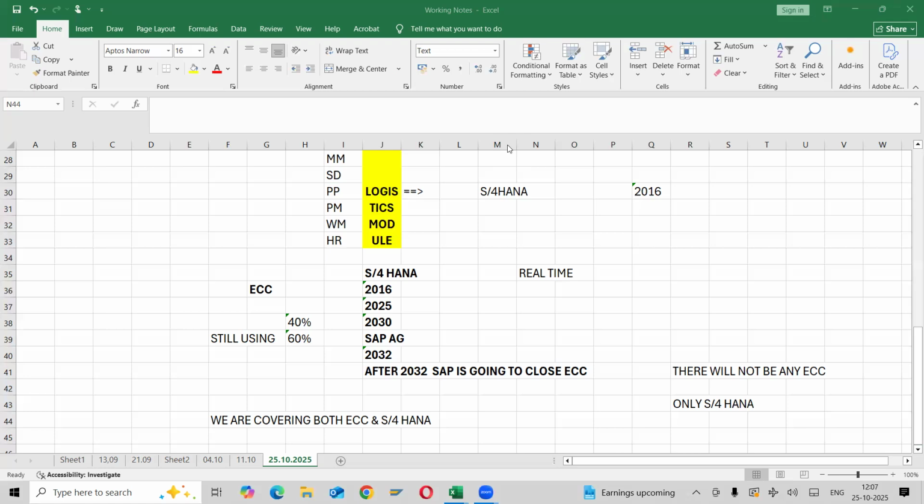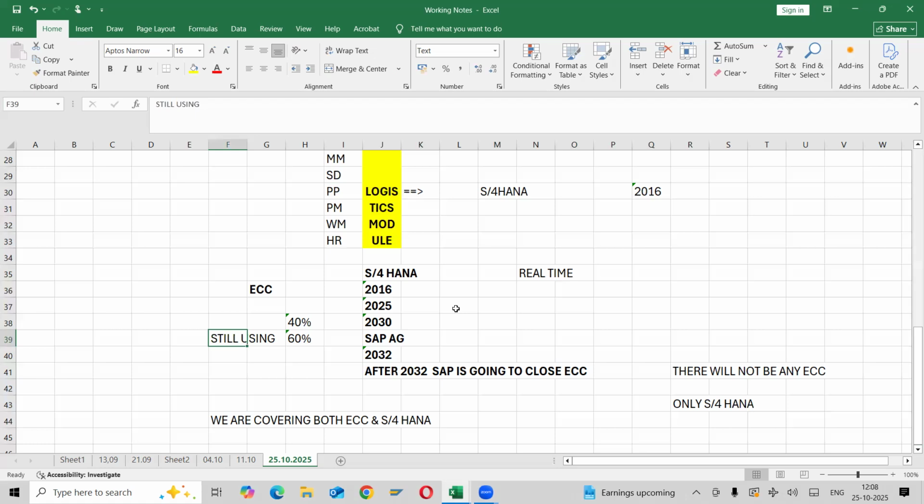So what about the previous database? Till 2032, SAP has given a deadline to customers who are using third-party databases with the ECC product. They need to migrate to S4HANA. I'm giving vague statistics, but it could be not less than 50 to 60% who have still not migrated to S4HANA.